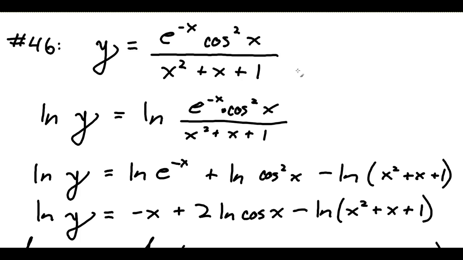Logarithms turn multiplication and division into addition and subtraction. They turn exponents into multiplication. That makes things a whole lot easier to work with. So bringing logarithms in allows us to shift this into a different space where derivatives are much easier to compute, and then we can just translate back at the end, which really just amounts to multiplying that y over, because for the most part, the implicit differentiation takes care of things on its own.